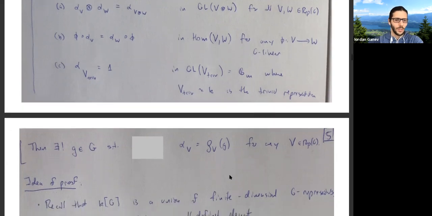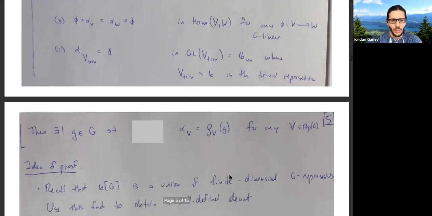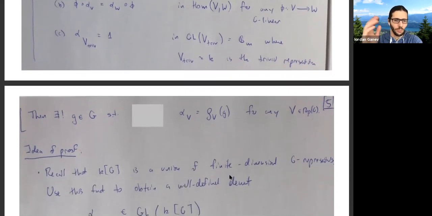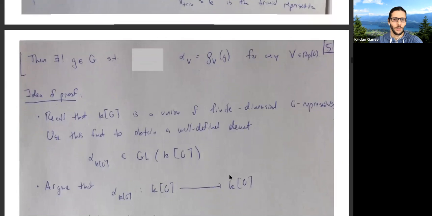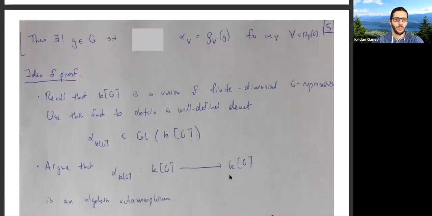So just a few comments about the proof. First of all, you can look at the proof in Springer. It's not too bad, but let me just hit some of the key points. You'll recall this fact that the affine algebra of G is a union of finite dimensional G representations. That's something we proved, maybe it was a homework exercise.